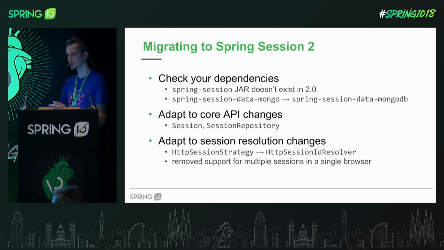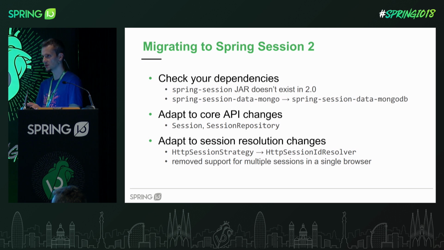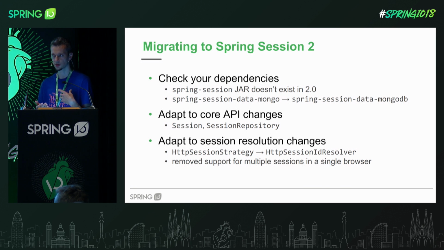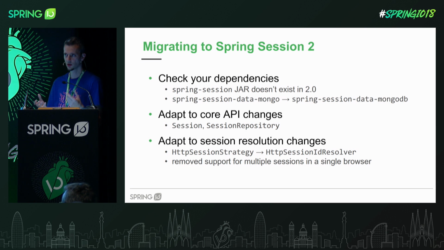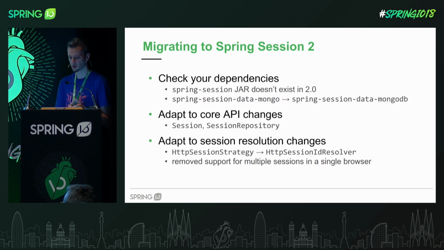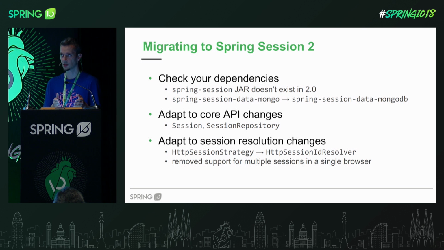So if you're using that one in your dependencies, make sure to change it, because you might end up using either old Spring Session or a mix of old and new. Because if you depend on the Spring Session jar, you'll only pick up 1.3.3, which is the latest one. And if you use on top of that Spring Session Data Redis, let's say, you'll end up with 2 point whatever is the latest, right?